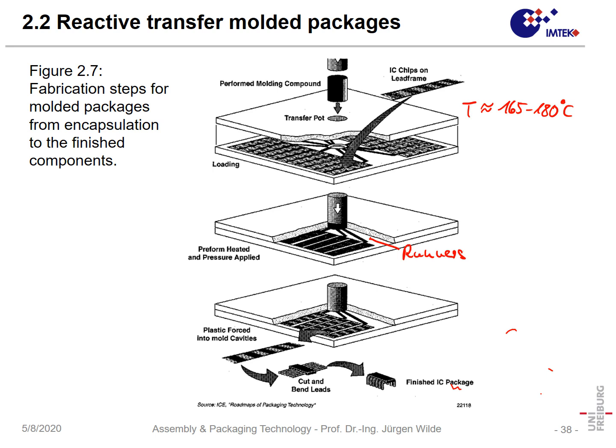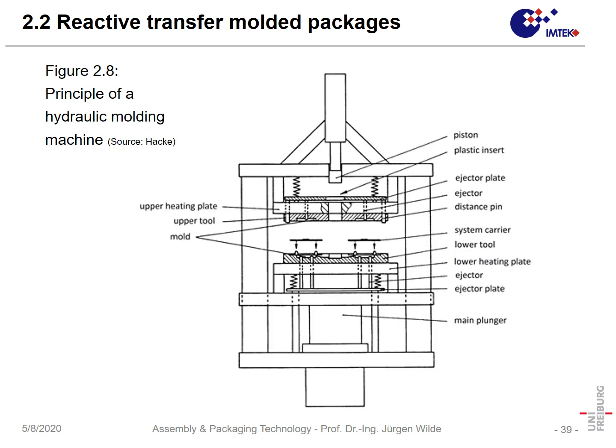The time in such a machine is typically 1 to 2 minutes of hardening, and maybe 1 to 2 minutes to feed and to take out.